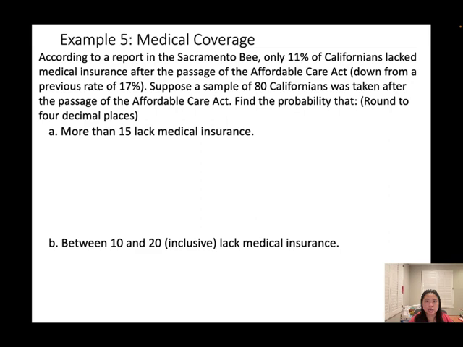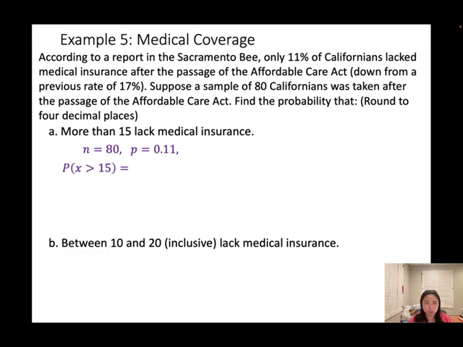Okay, what is your n equal to? n equal to 80, right? Because it's a sample of 80 Californians. What is your p, the probability of success? That'll be 11%, so it's going to be 0.11. And they're looking for more than 15, right? So it's going to be P of x greater than 15.